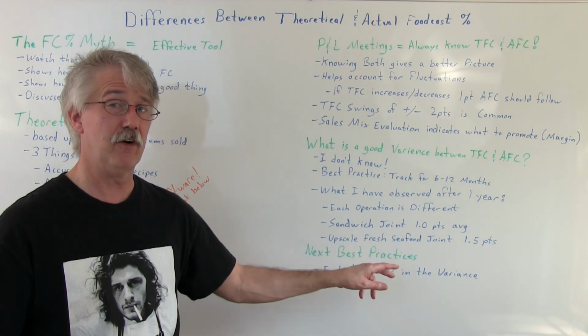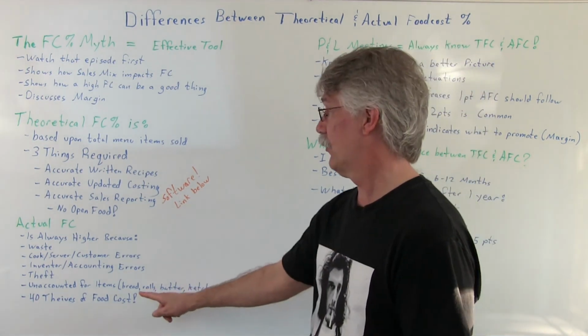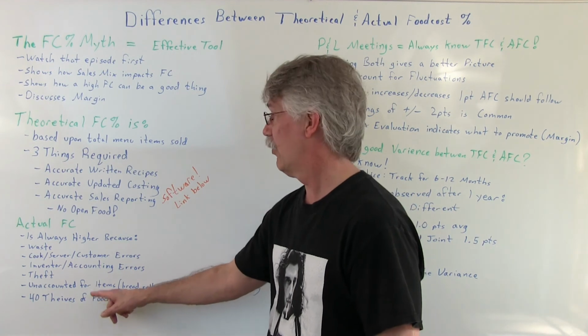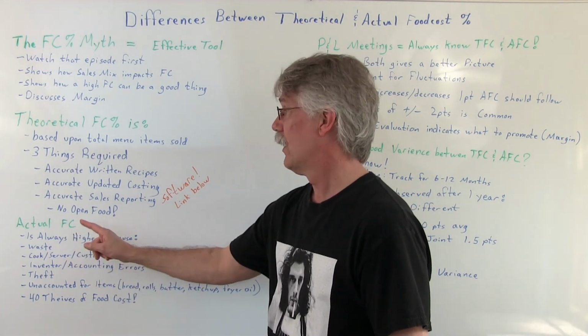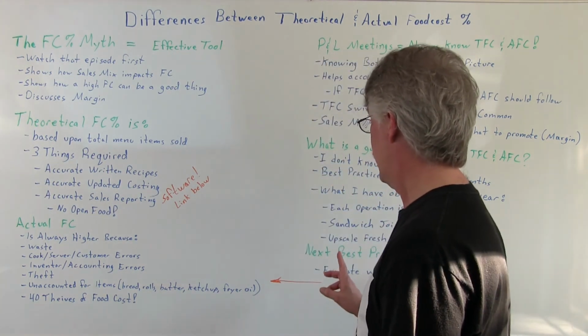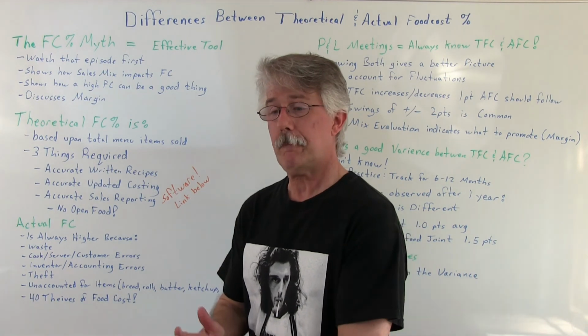How can you make that variance a little bit tighter? And that is going to go straight back into evaluation of the 40 thieves of food cost and the things that are impacting your actual food cost. What things are missing from the variance as opposed to your actual.